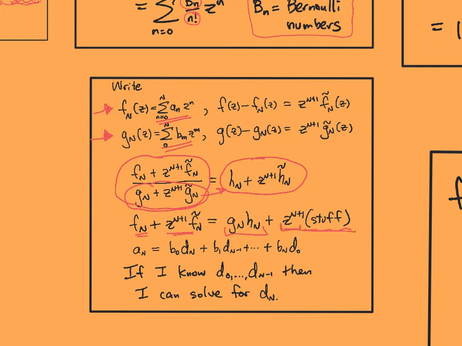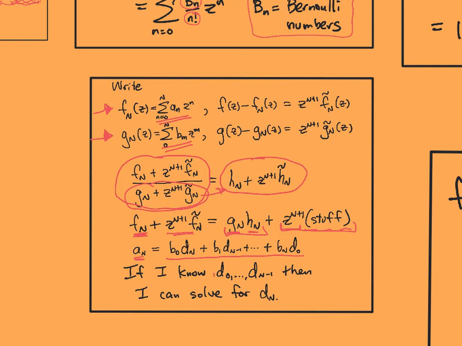And so this will not influence the lower order stuff on the other side. So the coefficient of f, an, is going to be equal to this convolution product of the beginning terms of g and h.